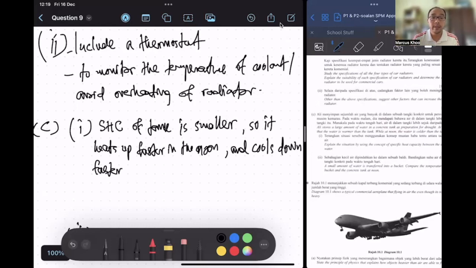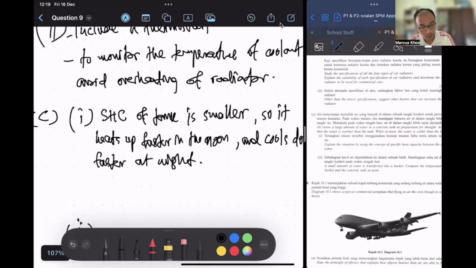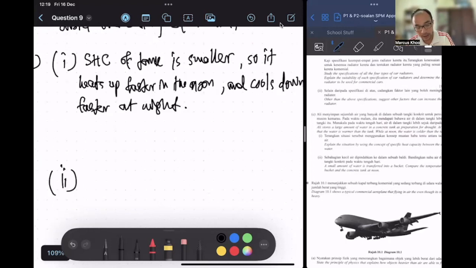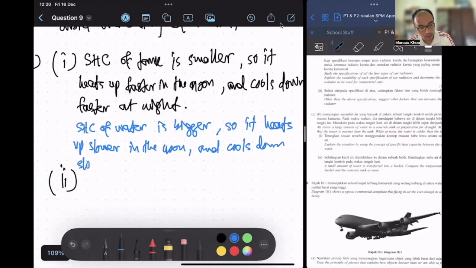Then you write the opposite for water, because just now you were talking about the tank, now you're talking about water. The specific heat capacity of water is bigger, so it heats up slower at noon and cools down slower at night.